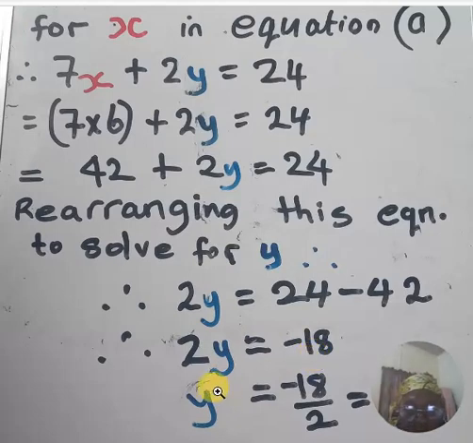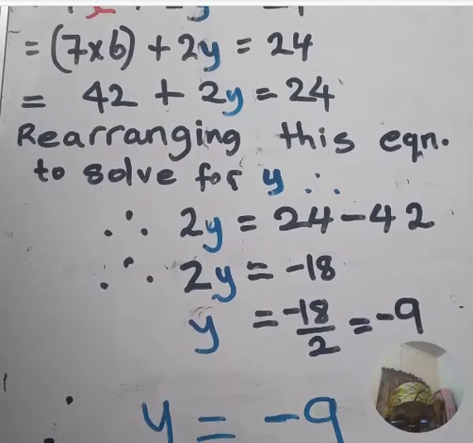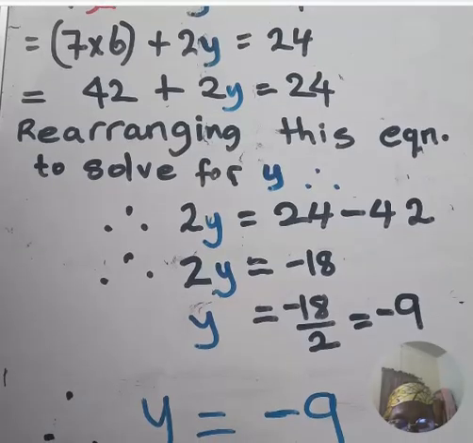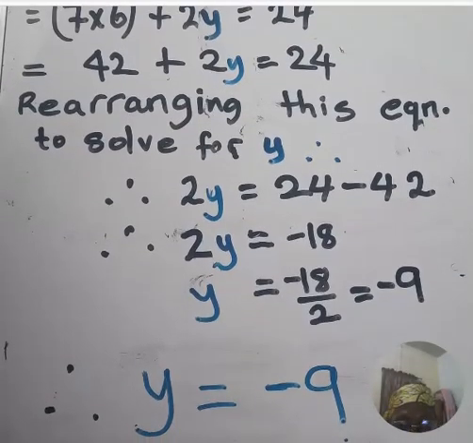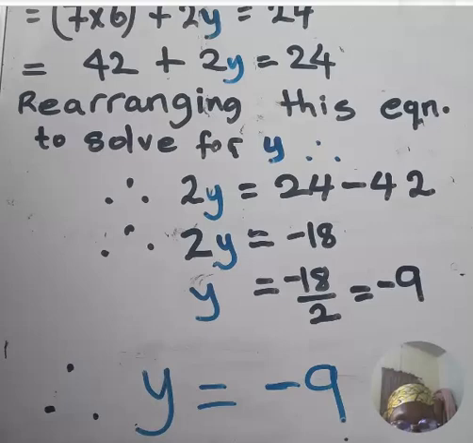So we have y is equal to minus 18 divided by 2, because the 2, when it gets to this side, becomes a denominator. So y is equal to minus 18 divided by 2, which gives us minus 9. Therefore, now we have found what y is. y is minus 9, where x is equal to 6.